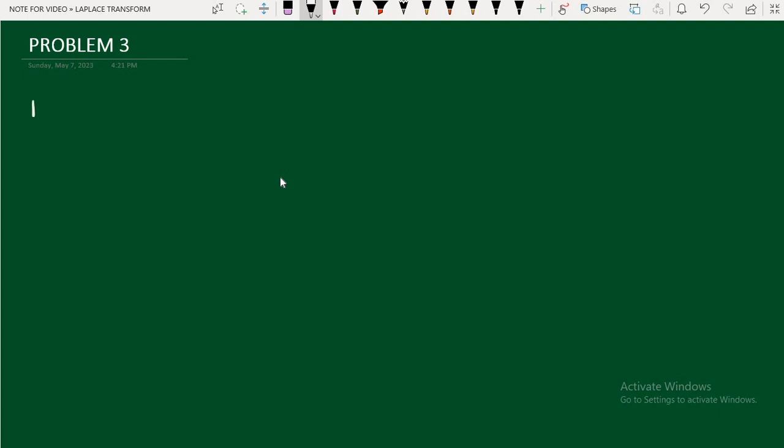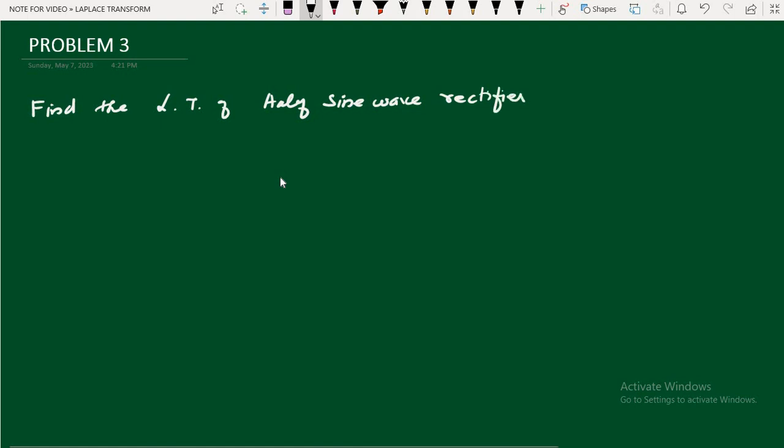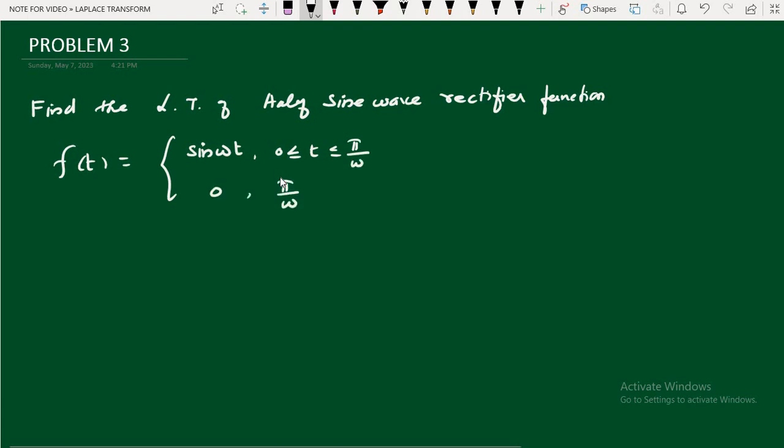So the question is, find the Laplace transform of the half sine wave rectifier function. f of t equals sine omega t in the limit 0 to pi by omega, and 0 for pi by omega to 2 pi by omega.